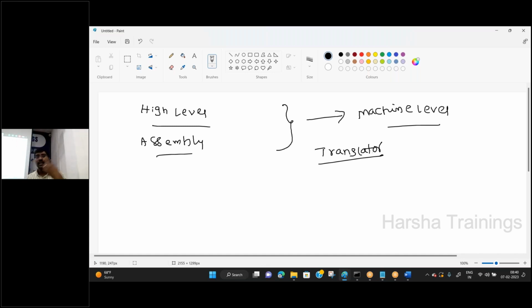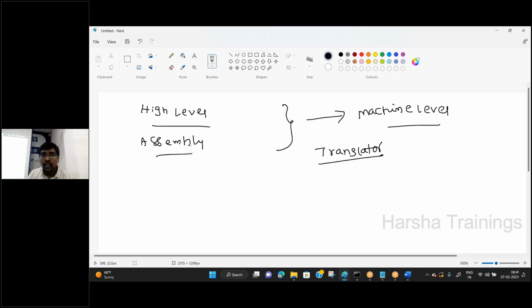Technically, from the computer point of view, if you are writing the program in high level language, that is to be converted into machine level language. If the program is written in assembly language, that needs to be converted into machine level language, we need a translator. So you got the meaning of translator.